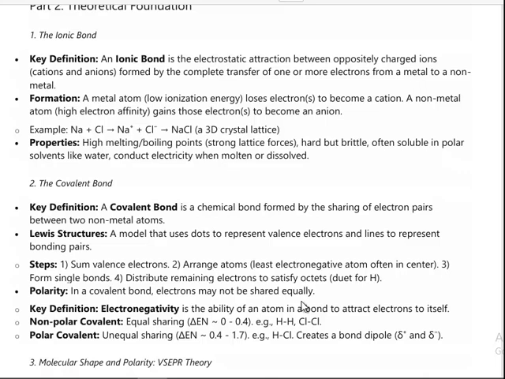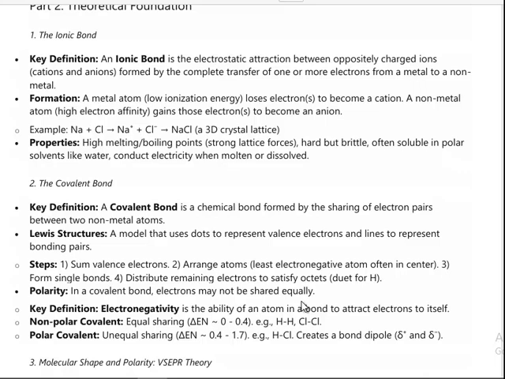So where do you find the metals? Group 1, group 2, and also partly group 3. So you can find metals residing there. For example, you look at the sodium chloride crystal.